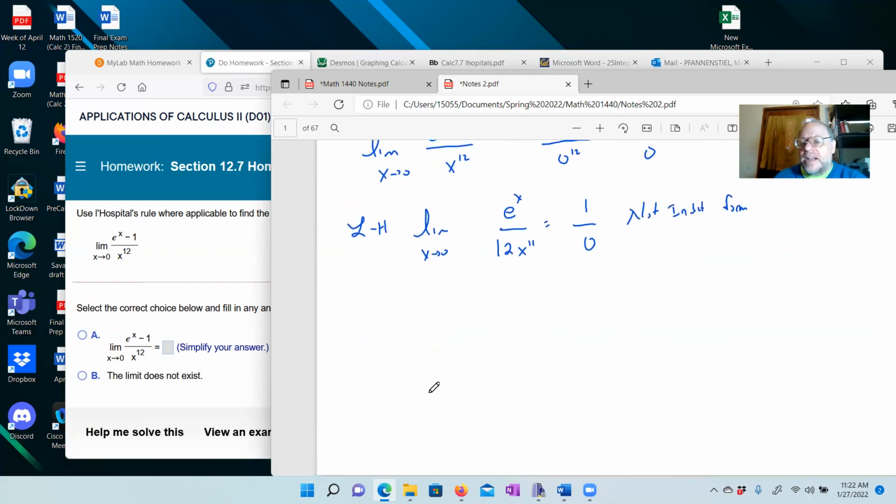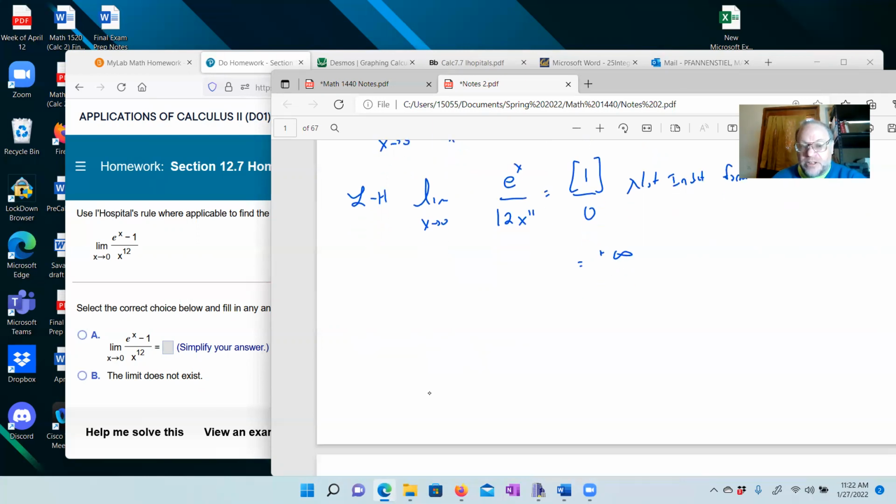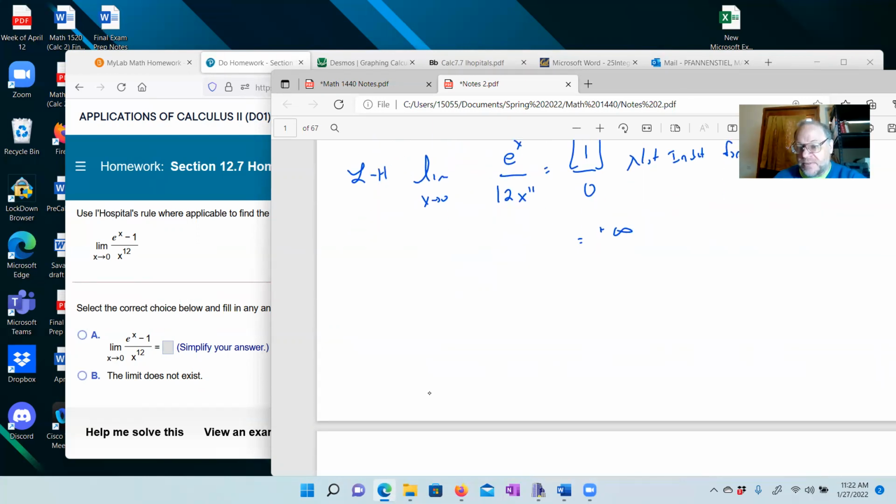As x goes to 0, this e to the x part is bounded by 1. It's not going to get any bigger. But the bottom is getting smaller and smaller. So 1 over a very, very tiny number raised to the 11th power is going to go to infinity.